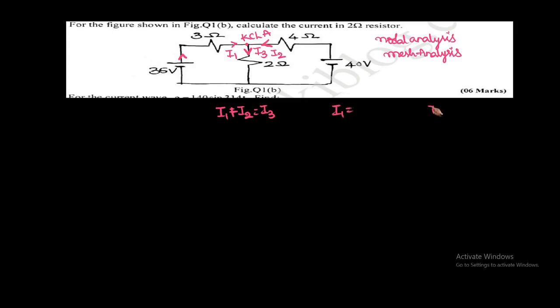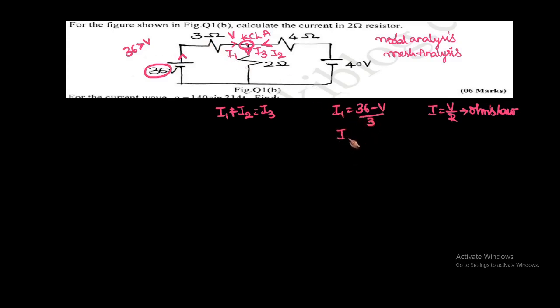I1: from Ohm's law, I is equal to V by R. Current always flows from higher potential to lower potential. We assumed that V is less than 36, so I1 is equal to 36 minus V divided by 3 ohms in this path.